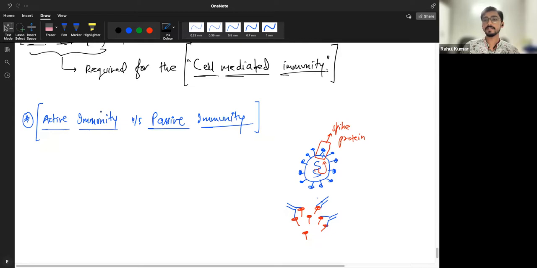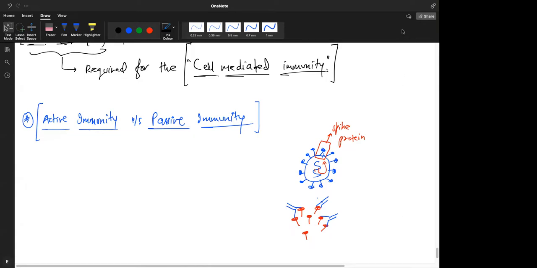Passive immunity is when you don't have time and you directly have to send antibodies. We don't have antibodies preformed against COVID. We only have RNA vaccines. Fatima, do you understand? We are not sending antibodies in the vaccines. Yes, sir.